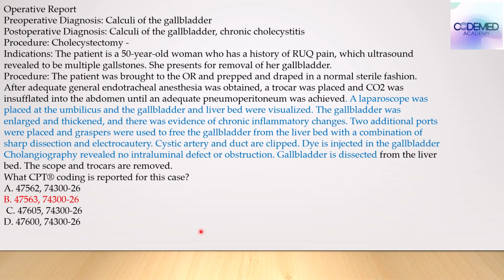Below that, there is a parenthetical note for the intraoperative cholangiography radiological supervision and interpretation, 74300 and 74301, and we have the code 74300, so we'll be using that code. 47562 talks only about the cholecystectomy, while 47605 and 47600 talk about the open procedure. As this is the laparoscopic procedure, we will zero in on answer B.